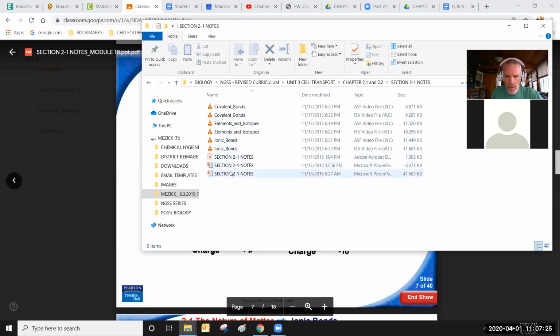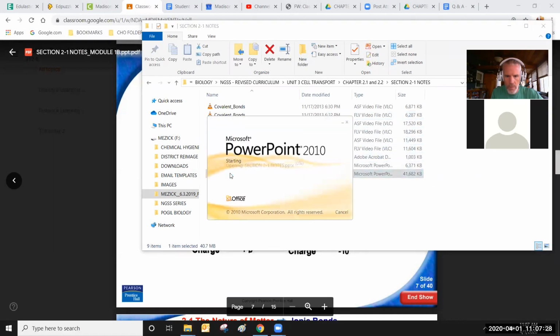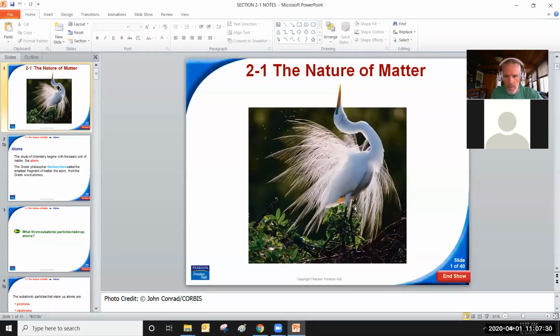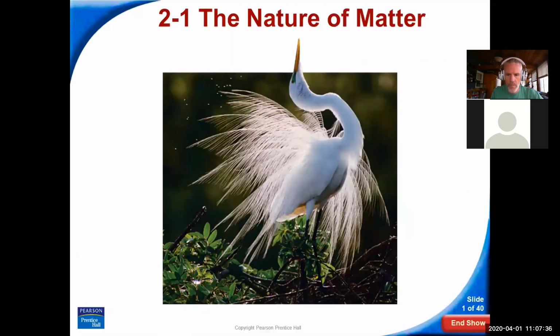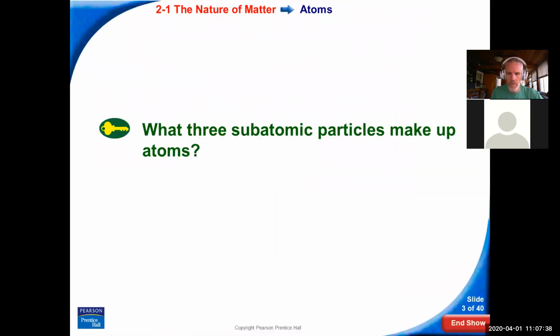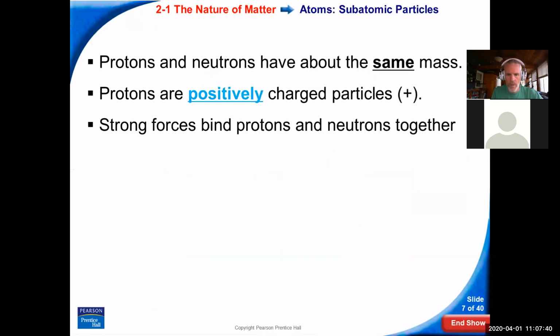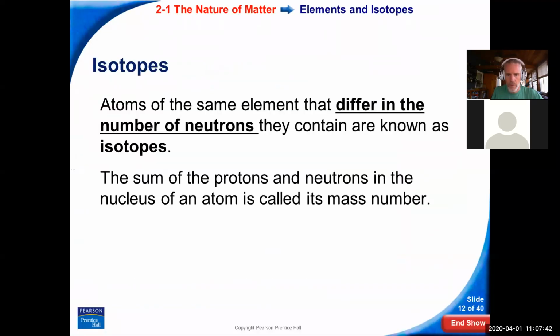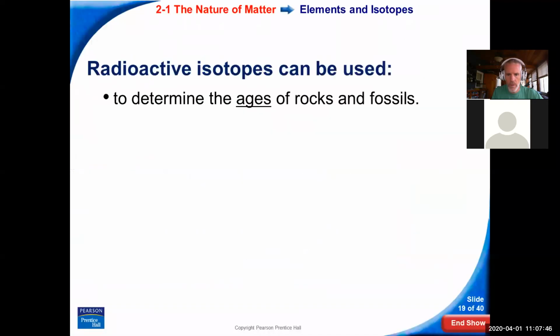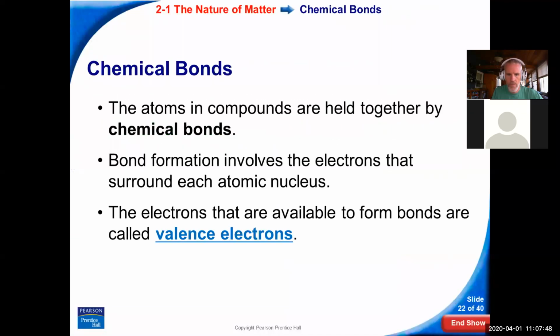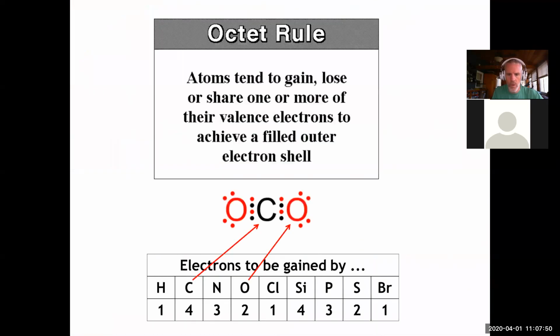And I think these are the notes. Yeah, so let's go here. All right. Oops, let's go through. Those are isotopes.